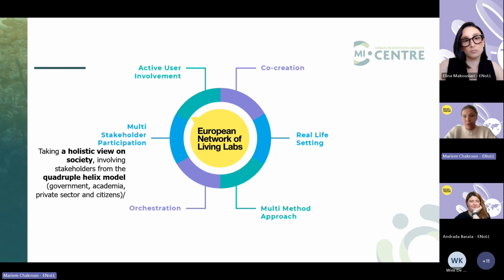Central to the Living Lab approach is multi-stakeholder participation, which involves government, academia, industry, and citizens, representing the quadruple helix, of course. By taking a holistic view of society and engaging these key players, we ensure that innovations are complete, comprehensive, and inclusive.